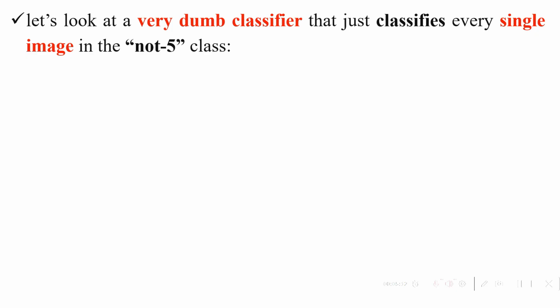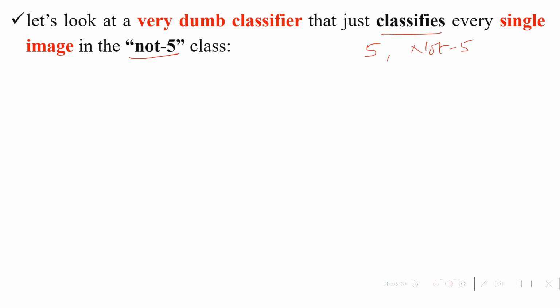Now we are going to use one more model, a dumb classifier, which classifies every single image into the not-5 class. There are two classes, 5 and not 5.